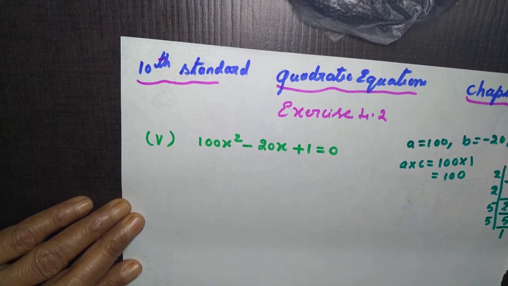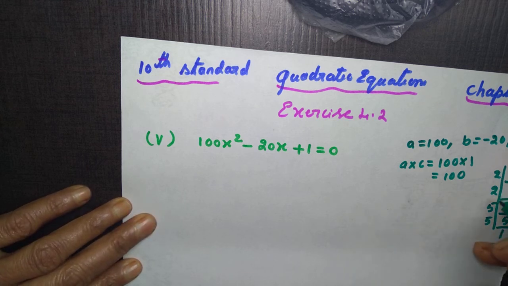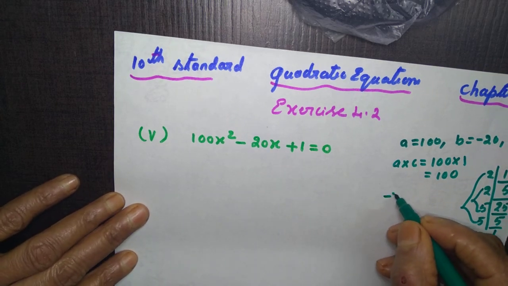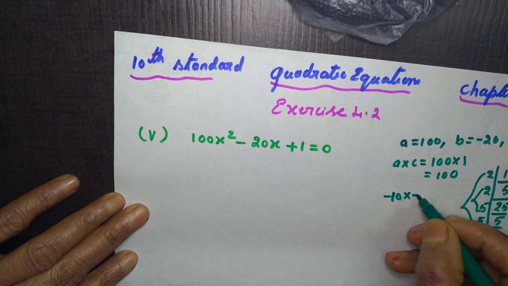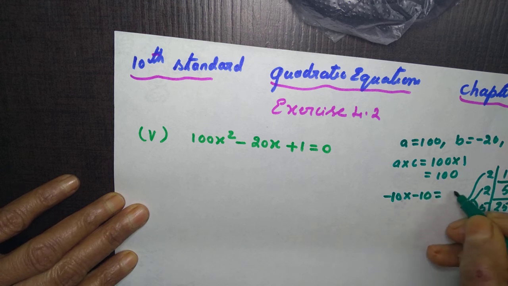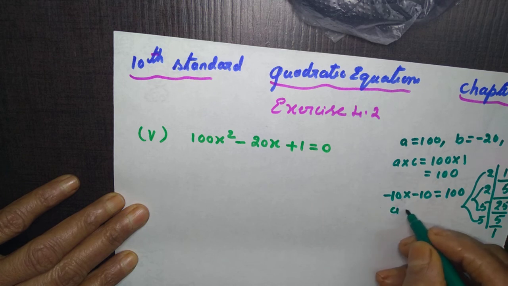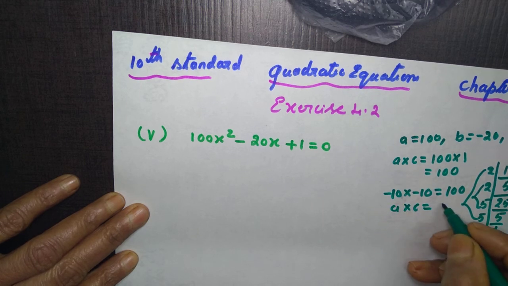If you multiply these two, you should get 100. If you add these two, you should get the middle term, that is minus 20x. Therefore, 5 2s are 10, 5 2s are 10, so minus 10 into minus 10 is equal to plus 100. Therefore, a into c is equal to 100.